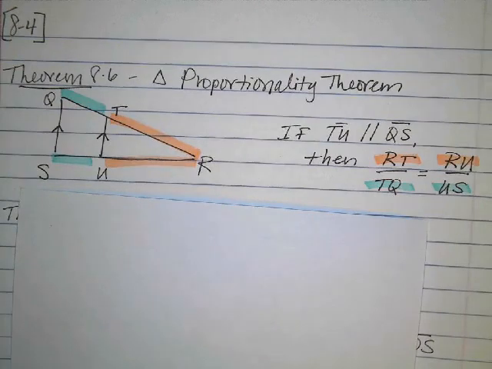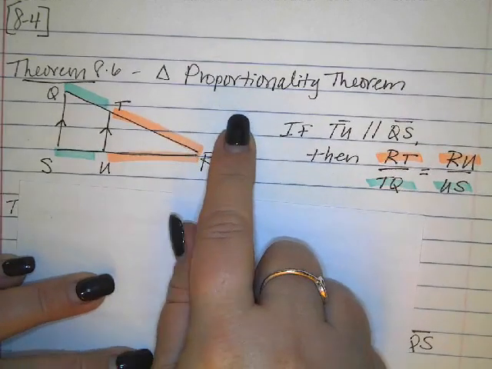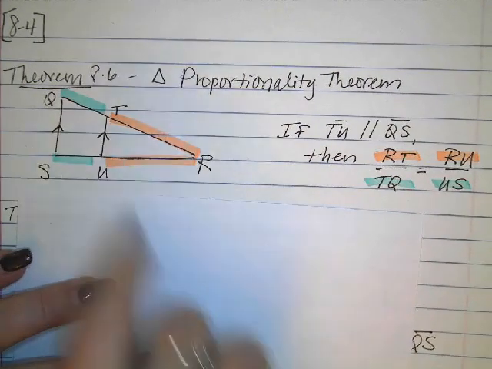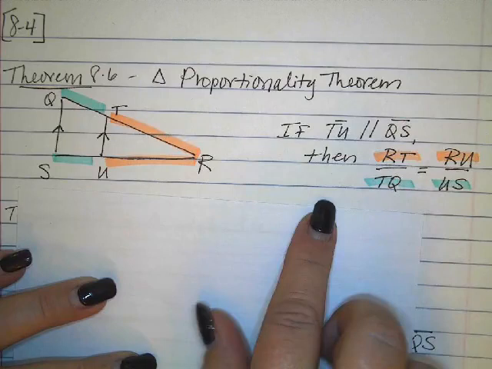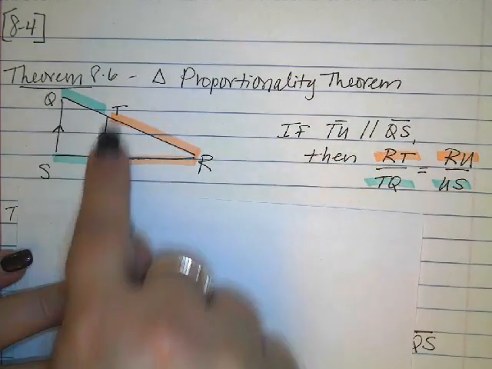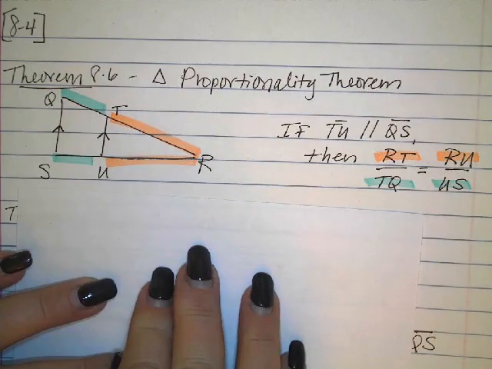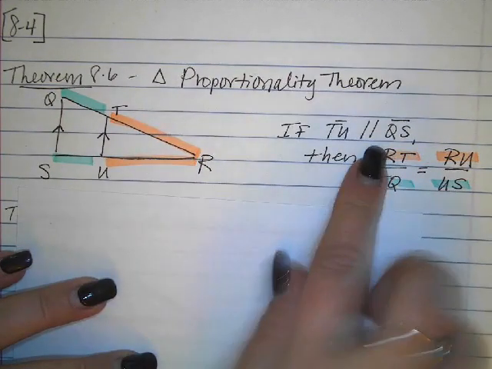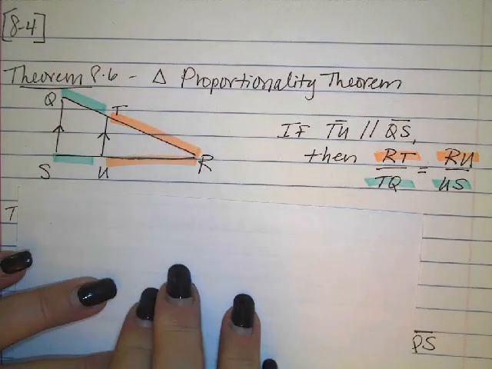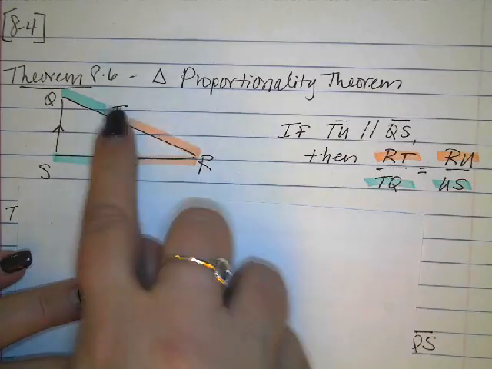Last but not least, in Chapter 8, we're going to take a look at this first theorem, and it's all about, again, proportionality. So they use this proportion this time to talk about some parallel lines. So if I've got this little bisector here that's kind of coming in here, and we're talking about parallel lines, then I can make some assumptions about these segments.